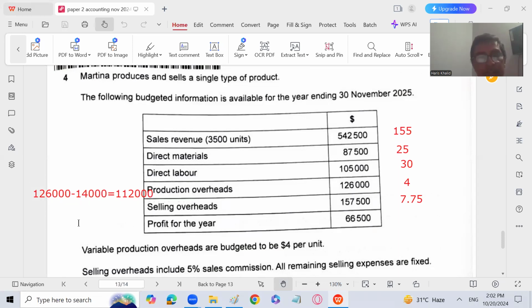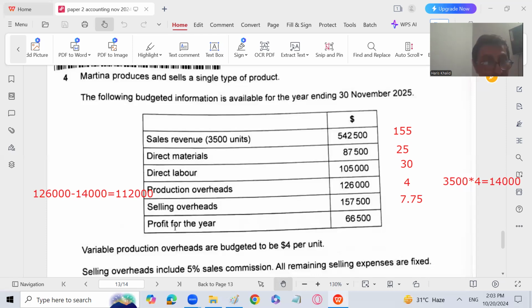I have calculated 3,500 into 4, the variable production overheads, 14,000, and then subtracted it from the total production overheads, and that is going to be 112,000. It's not a part of the question, but just working.